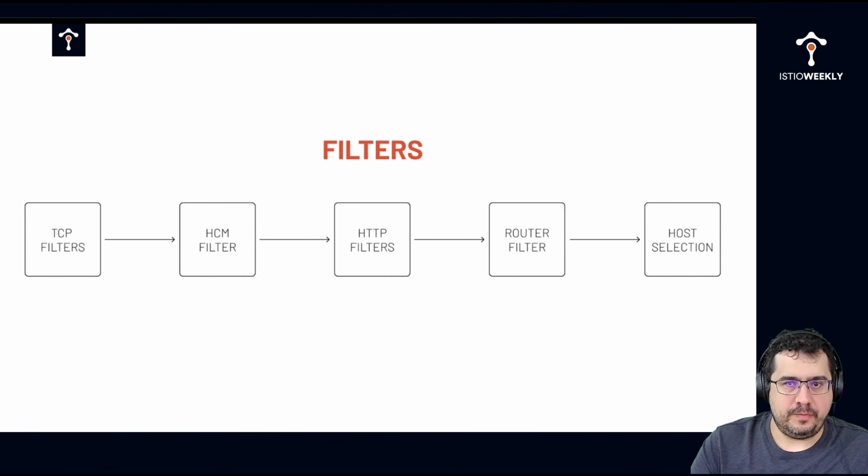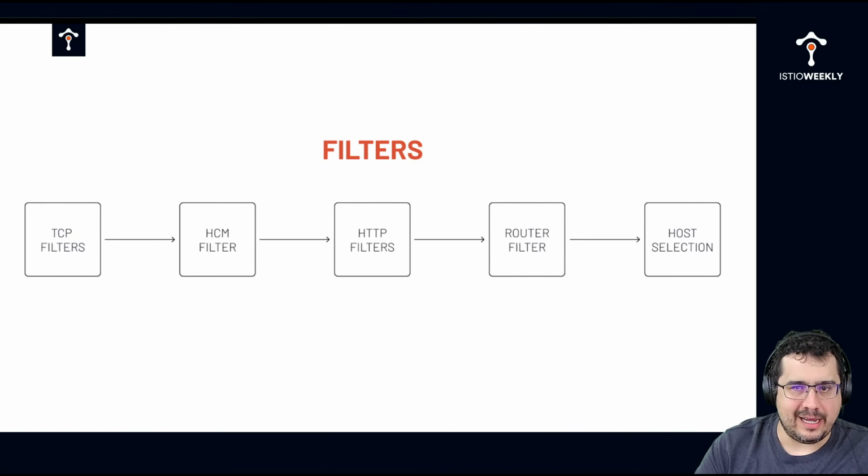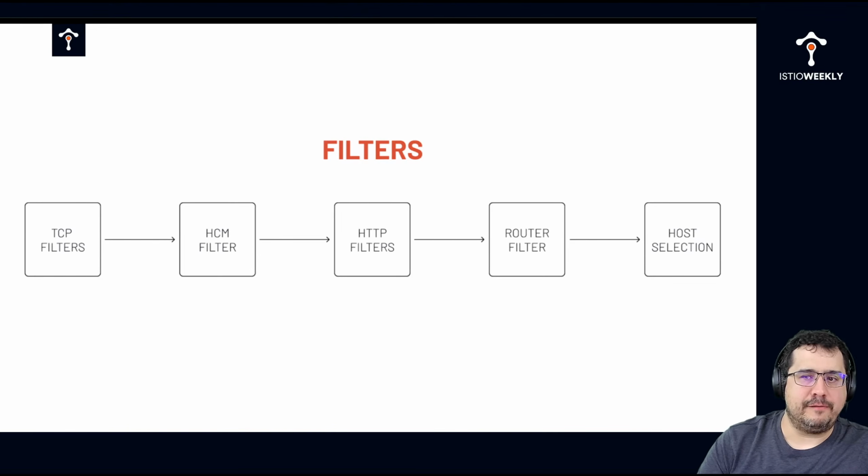Here's another view. So listeners have a set of TCP filters that interact with the TCP data. There can be more than one TCP filter in the chain. The last one in the chain of network filters is a special one, and it's called HTTP Connection Manager. And that's the filter that actually turns Envoy into an L7 proxy, right? So it converts the bytes from the request into an HTTP request.